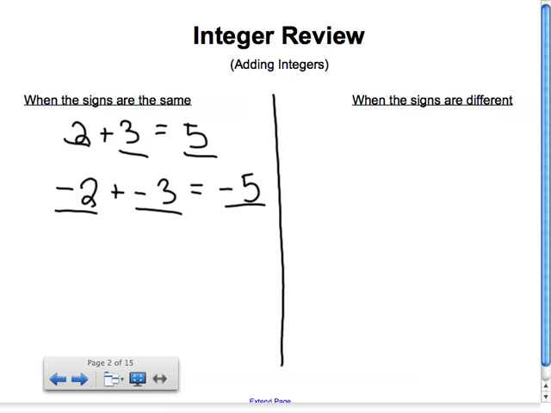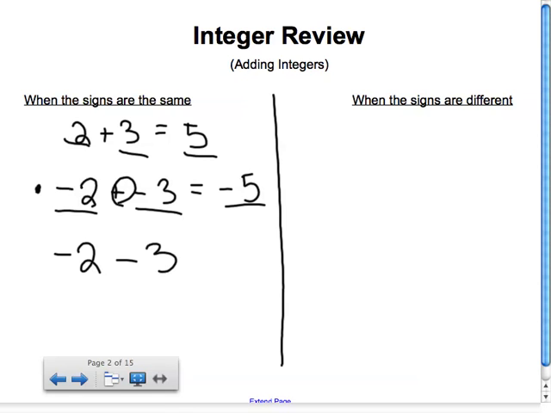One thing I want to point out, too, is that negative 2 plus negative 3 is the same thing as negative 2 minus 3. The only difference is that the first one is written with a plus sign, and the second one's written with a subtraction sign. Every time you see a subtraction sign, I want you to keep, change, flip.